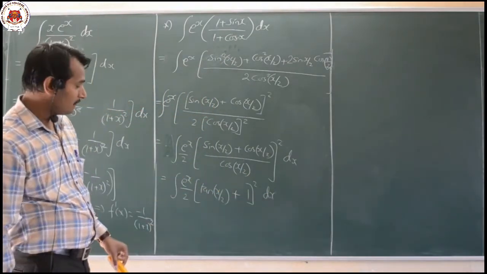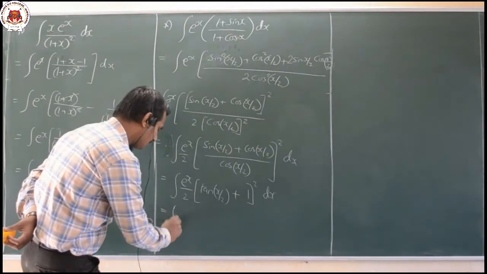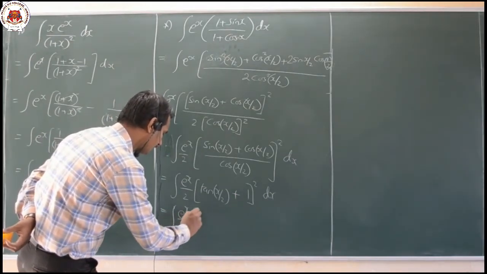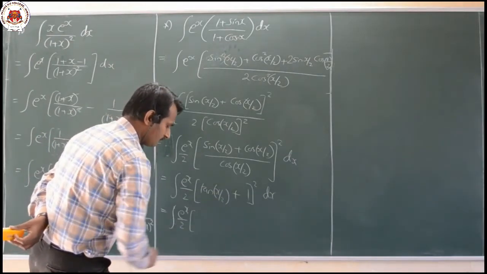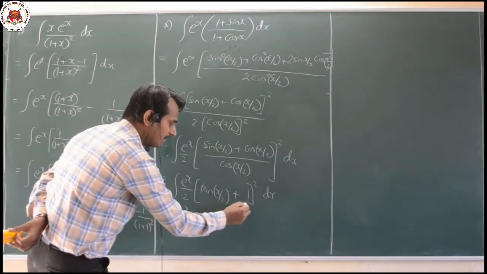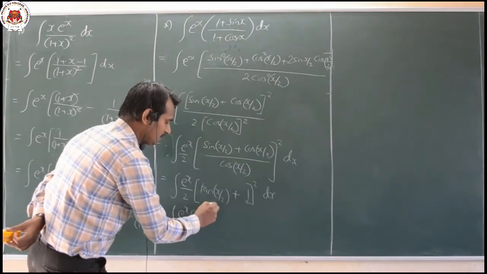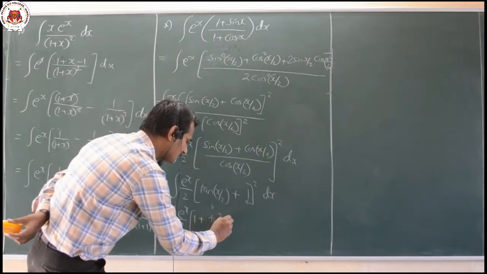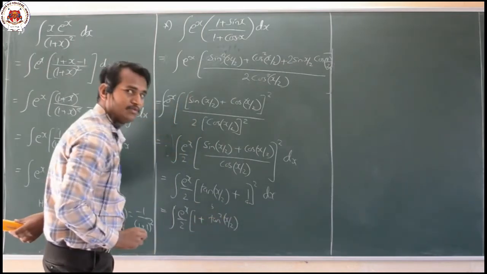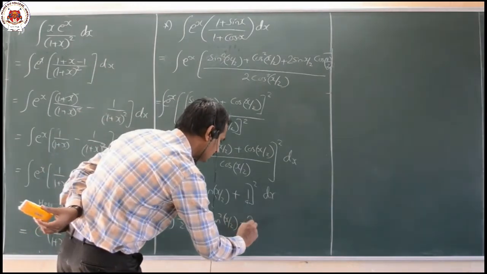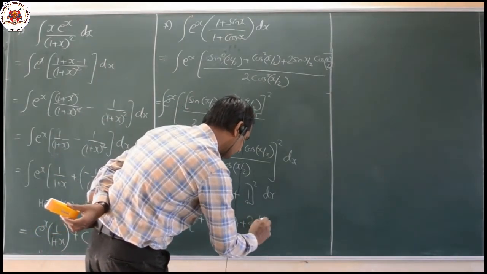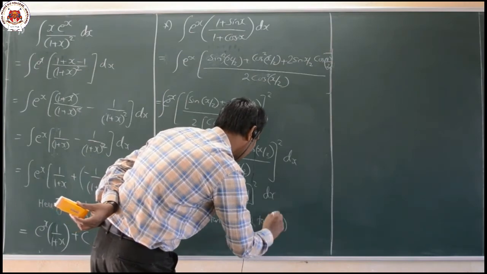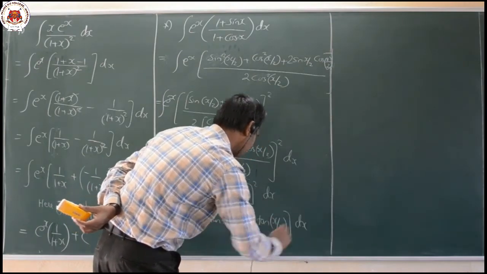Expanding a plus b whole square, see what happens: integration of e raised to x by 2, 1 plus b whole square. I will take 1 as a and this as b. a plus b whole square is a square plus b square plus 2ab, where b square is tan square x by 2, and ab is tan x by 2, into dx.